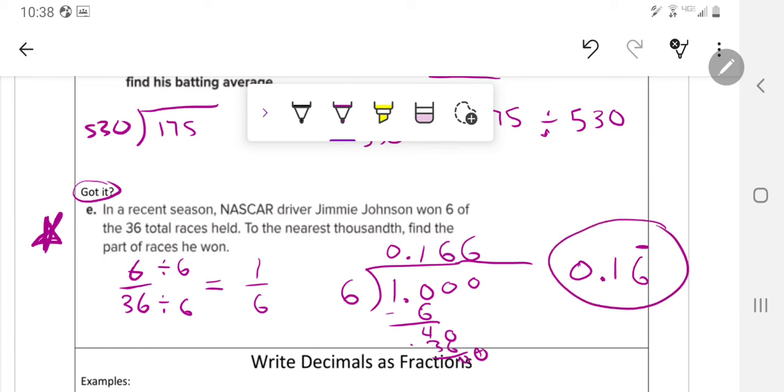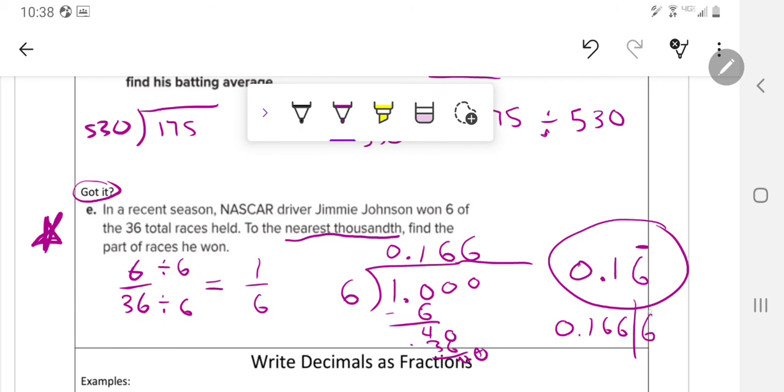So here is our answer, and that is, it's not exactly our answer, actually. It says round to the nearest thousandth. So we should actually go like this. 0.166, that's the thousandths. What is the next digit? We have to know that to be able to round it. So it'd be 0.166 because it's repeating.